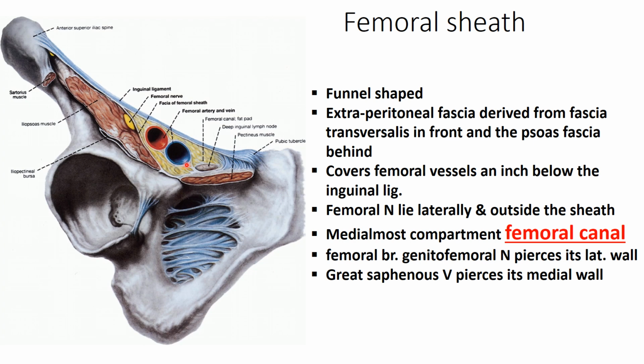Now this femoral sheath is a funnel shaped structure. Funnel shaped means it is wider proximally and distally it diminishes, narrows and tapers down.